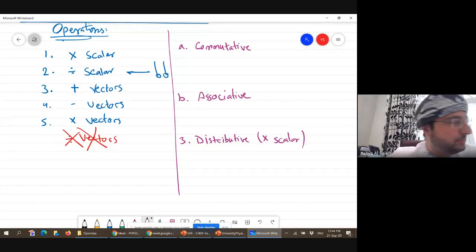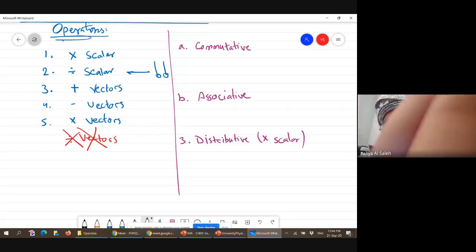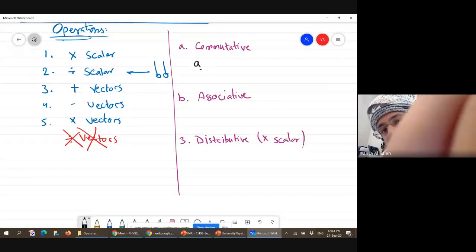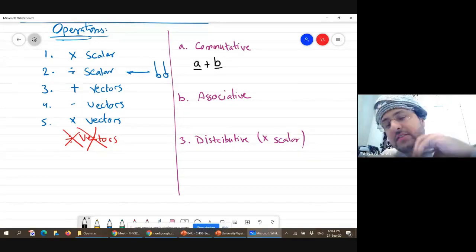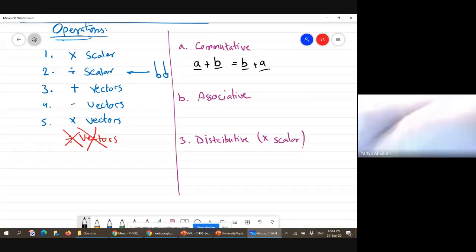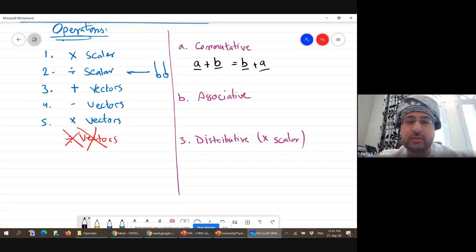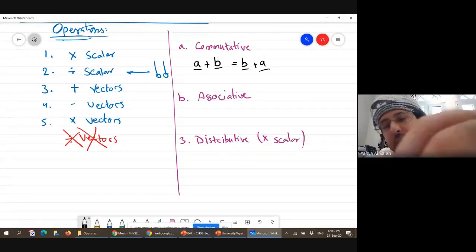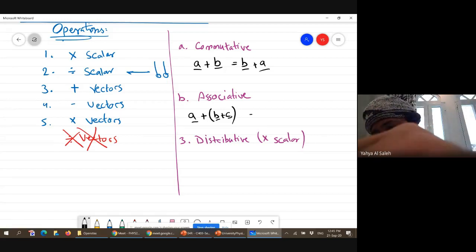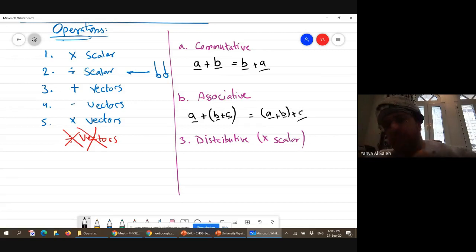What does this mean? It means that A plus B in vectors is equal to B plus A, just like normal numbers. It also means that if I have A plus B plus C like this, it's the same as A plus B plus C.